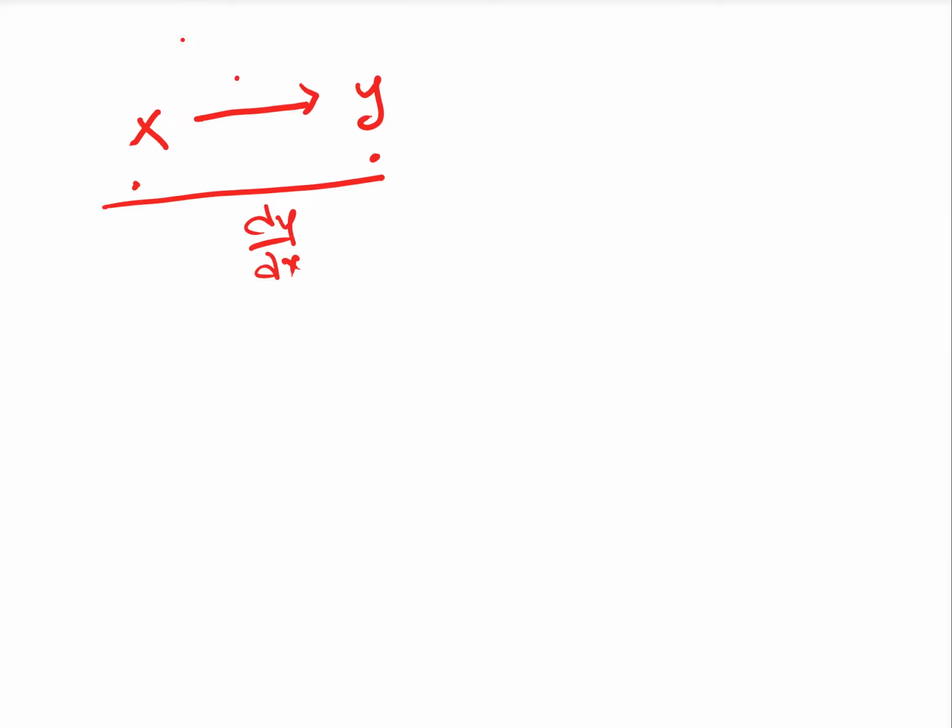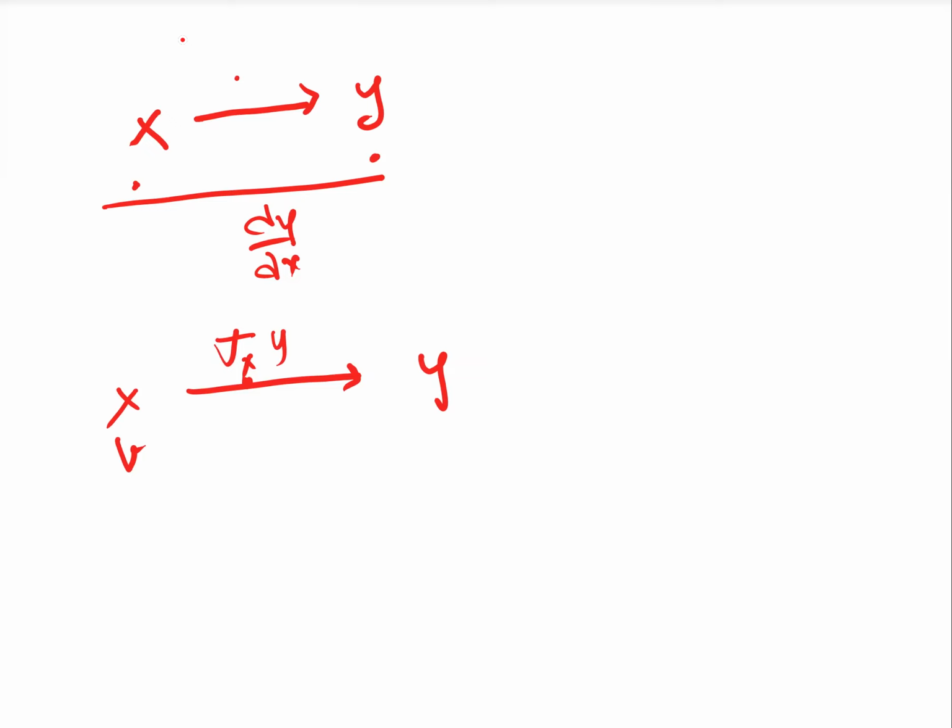If X is a vector and Y is a scalar, what is the weight of this going to be? Y is a scalar, X is a vector. This is simply going to be nabla Y with respect to X, correct?